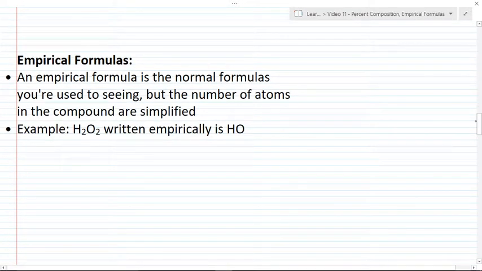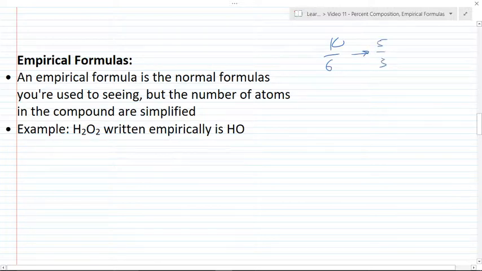Alright, and so I also talked about empirical formulas. It's sort of like, if you think about in math, a better example is 10 over 6 could be rewritten as 5 over 3.